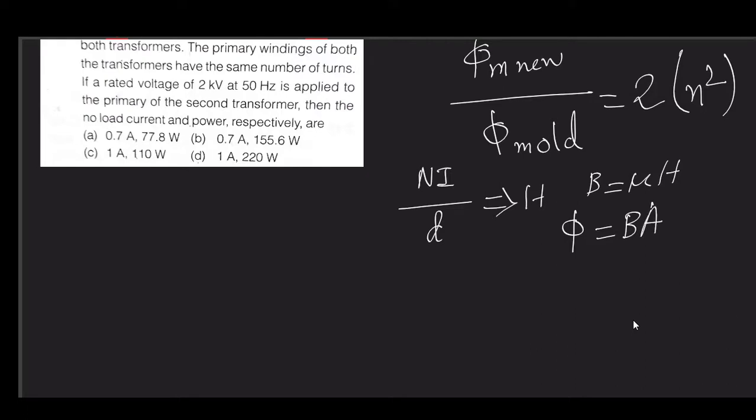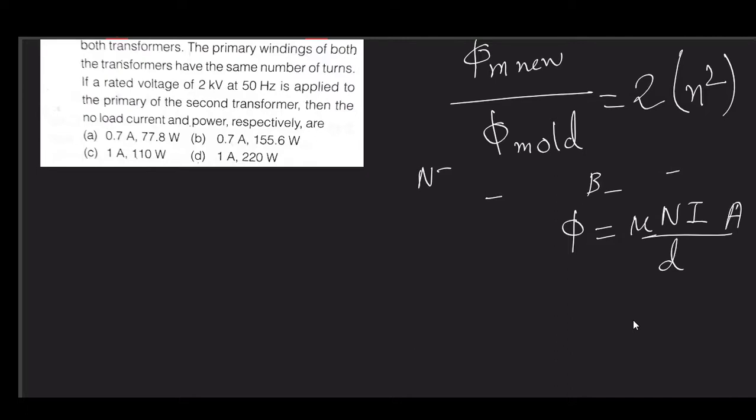So if we combine all of them, it comes phi in terms of A, I and D. This is the relation between A and I and D.